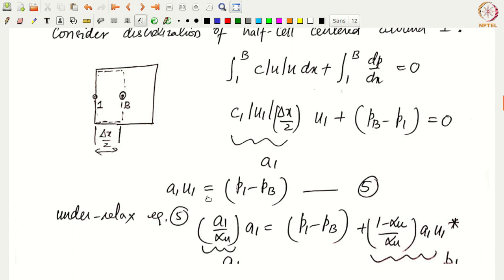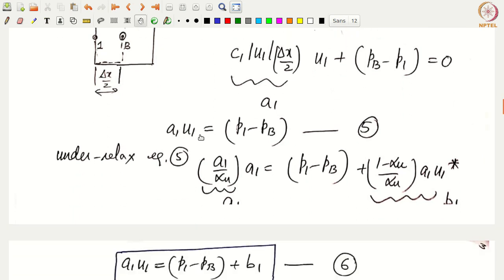Similar to what we have done for B cell and C cell, here also we would do the under relaxation. So if you under relax equation 5, what you get is A1 by alpha U times U1, this is supposed to be U1, equals P1 minus PB plus 1 minus alpha U by alpha U times A1 U1 star.